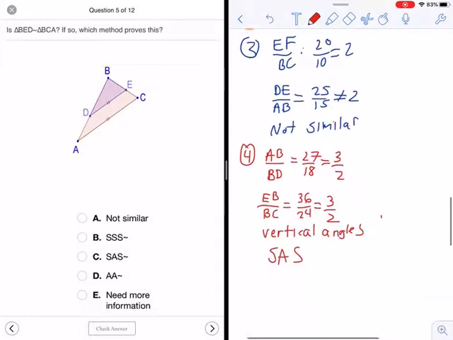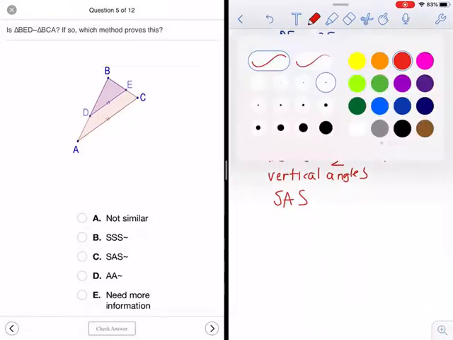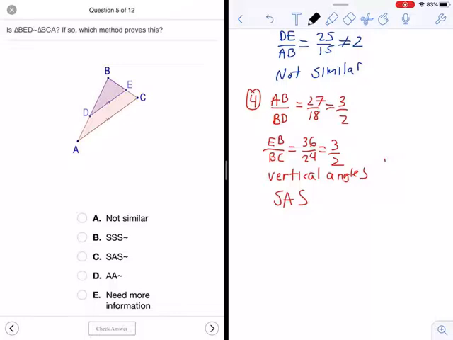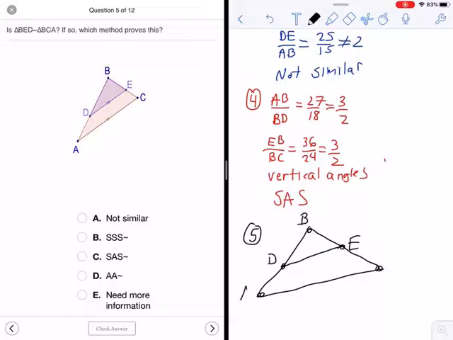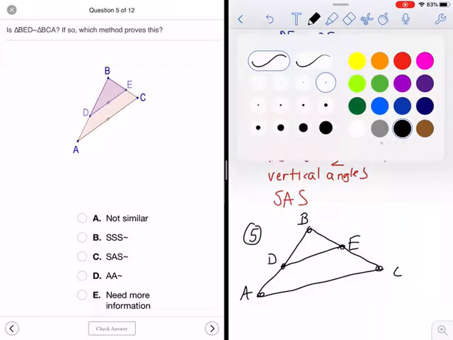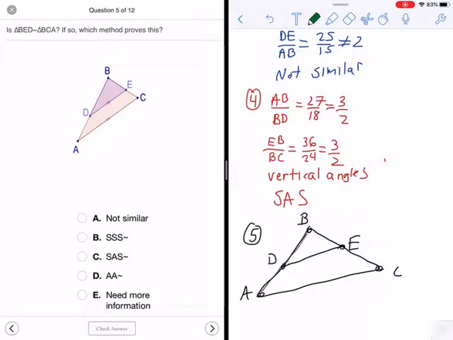We have parallel lines cut by a transversal. Let me just draw this picture really fast. I'm not going to spend too much time making it look super pretty. You can if you want. Now, parallel lines cut by a transversal. Most of the time, we're talking about alternate interior angles. I say most of the time, not every time.